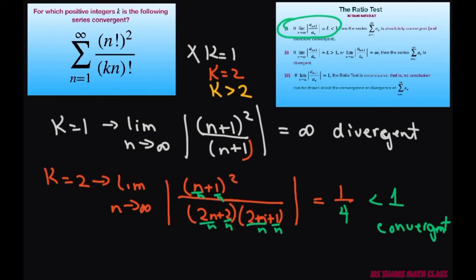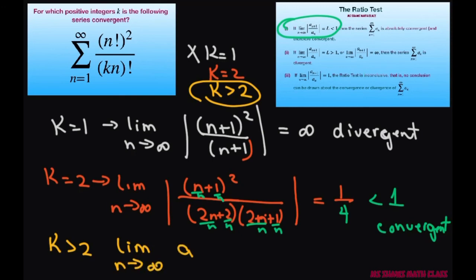So when k is greater than 2, the limit as n approaches infinity equals 0, which means it's convergent. So the series converges for k greater than or equal to 2.